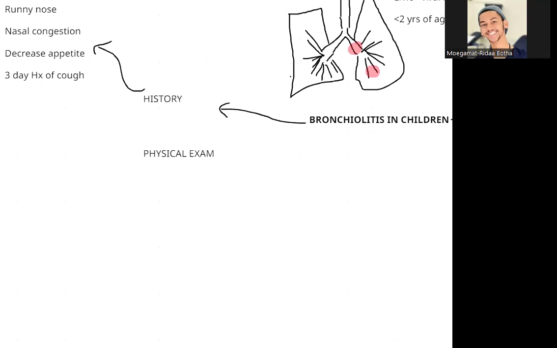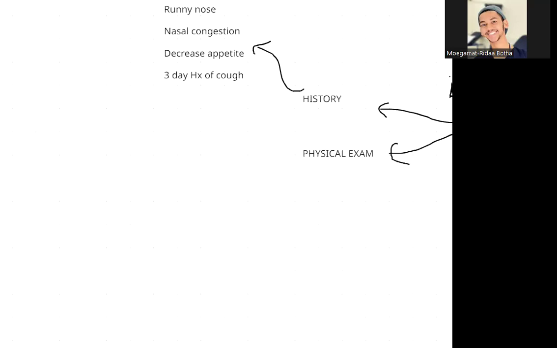On physical examination, there's tachypnea, an increase in respiratory rate, use of accessory respiratory muscles, intercostal and subcostal recessions or retractions, and wheezing can develop, because of that occlusion in the airway as a result of the inflammation.